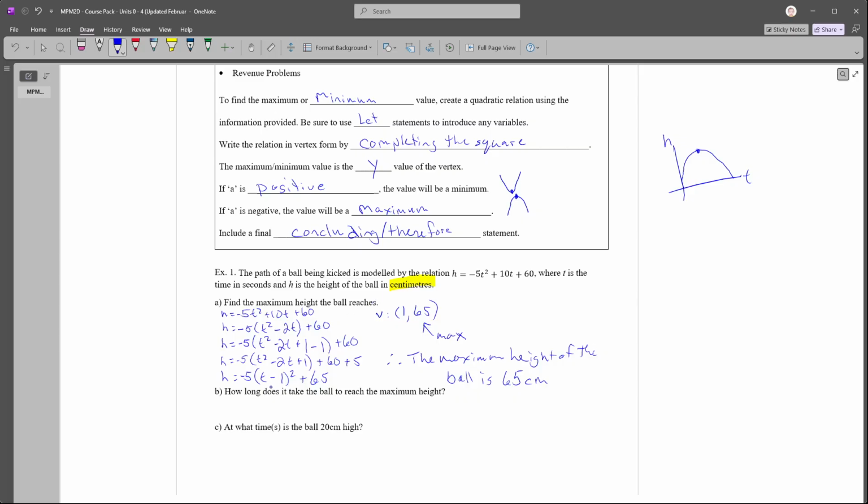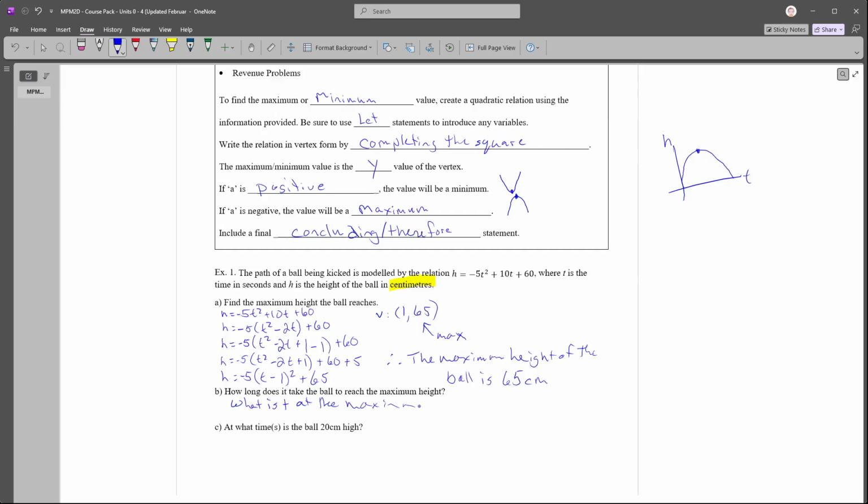Okay. How long does it take the ball to reach the maximum height? Basically what it's asking us right now is, what is t when we're at the maximum? Well, that's the other part of the vertex.